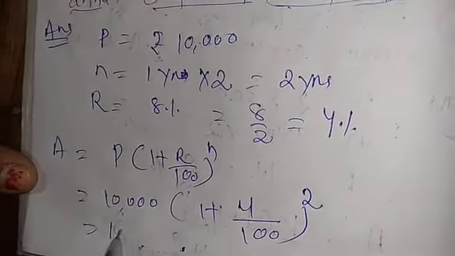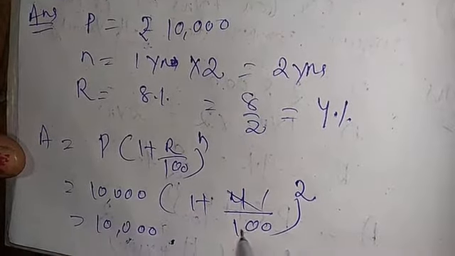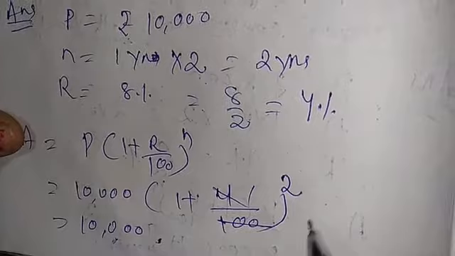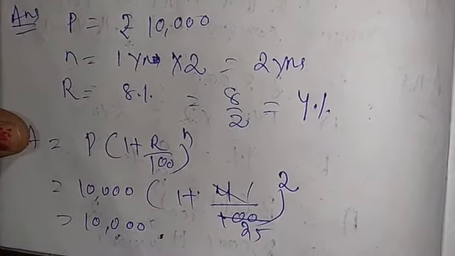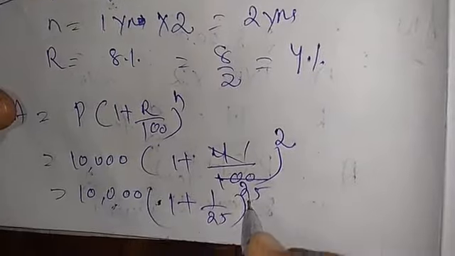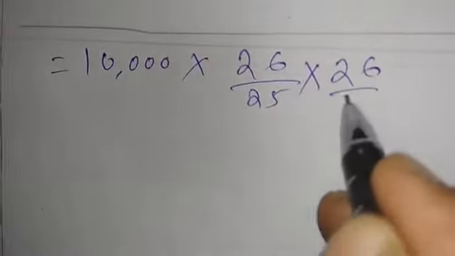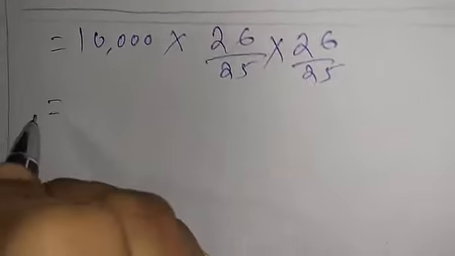Okay, so 10,000, again 4 1 is 4, then 25. So 1 plus 1 by 25 to the power 2 equal to 10,000 rupees into 26 by 25 multiplied 2 times, power 2.